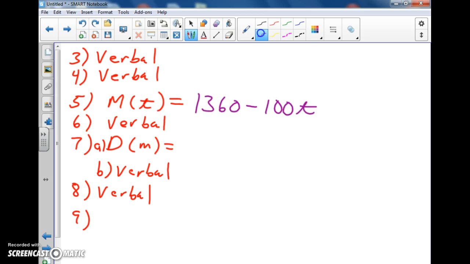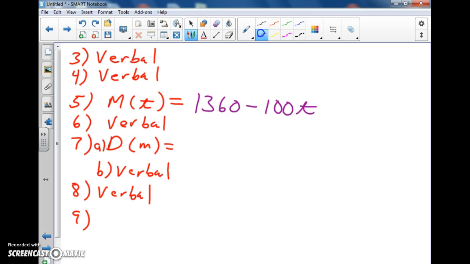All right. Now let me ask you this. On number 6, my fault, I did the wrong one. Use mathematical terminology to explain what negative 100 and 1360 each represent in your function in item 5.